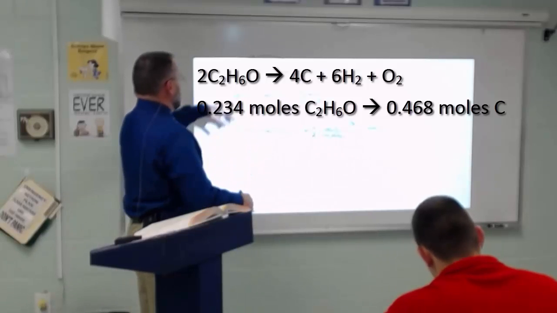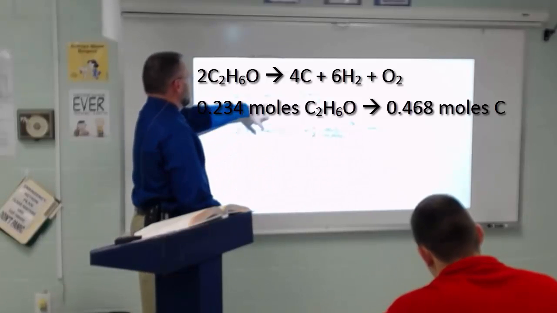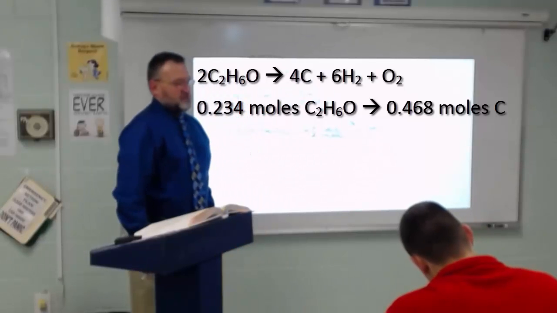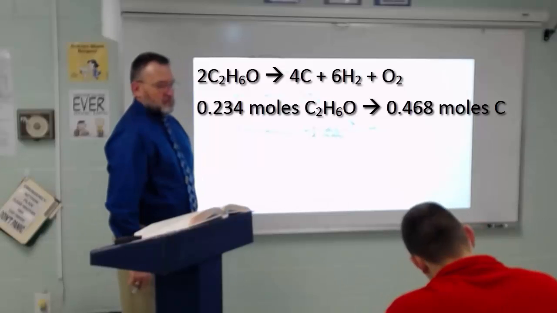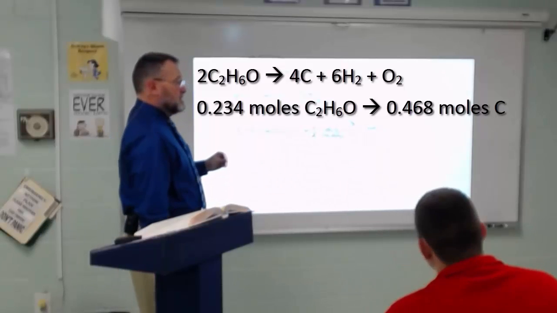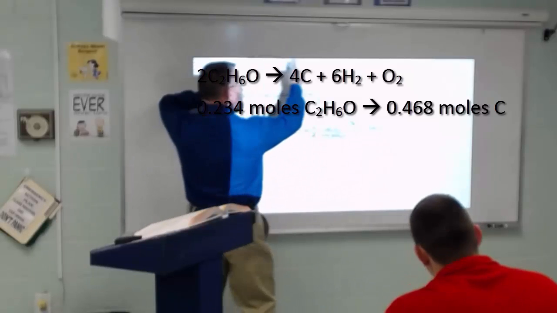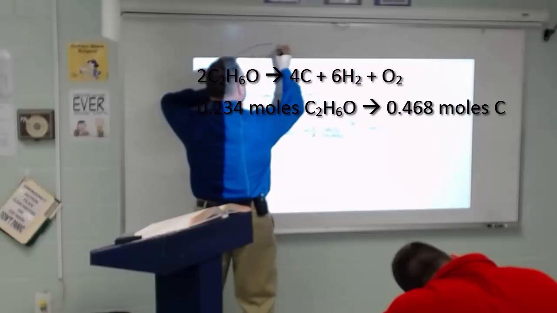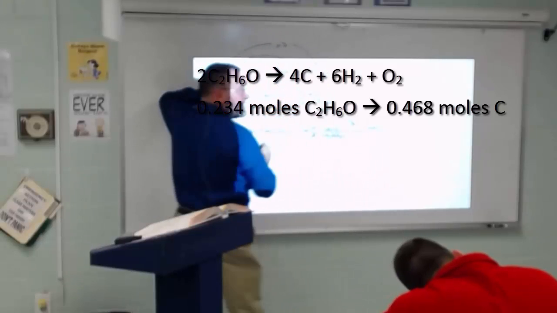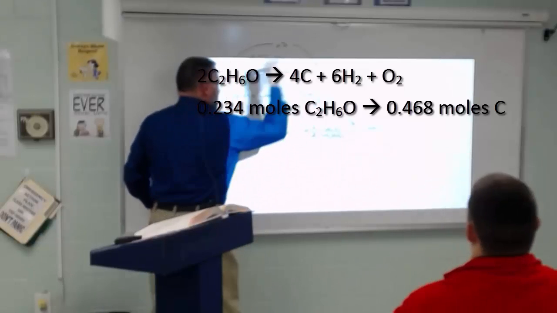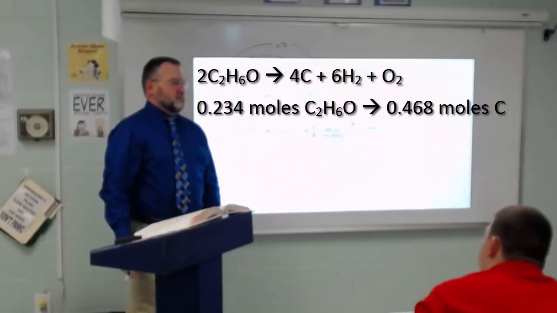If I said I have 0.234 moles of C2H6O, how many moles of hydrogen gas am I going to produce? Multiply this by 3. I go from this, I multiply by 3 to get that, right? So I'd multiply this by 3, and I would end up with how many moles of hydrogen would be produced.